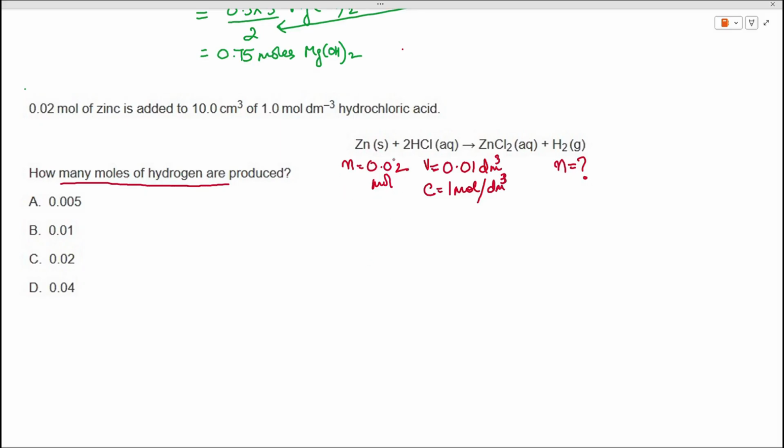Because we already have the number of moles of zinc, let us figure out the number of moles of HCl. So the number of moles of HCl is equal to concentration times volume. So this is 0.01 multiplied by 1. So that gives us 0.01 moles.